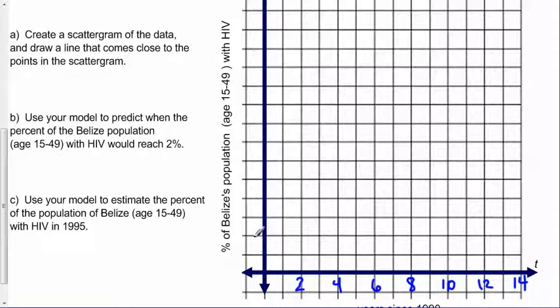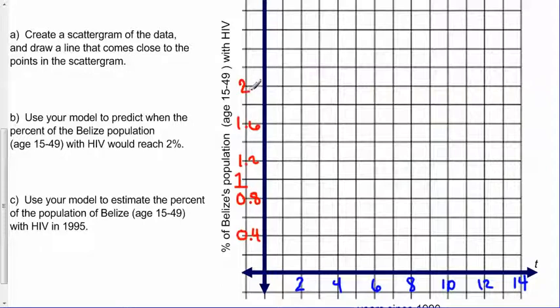So 0.2, here's 0.4, there's 0.6, here's 0.8. This would be 1 right here. I'm going to go ahead and label that in there just to make that easy to find. Then this is going to be 1.2, 1.4, 1.6, 1.8.